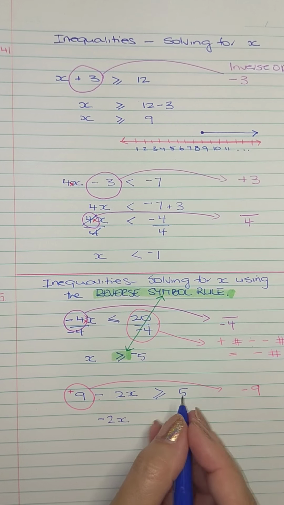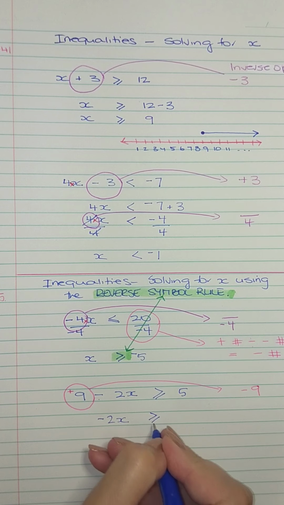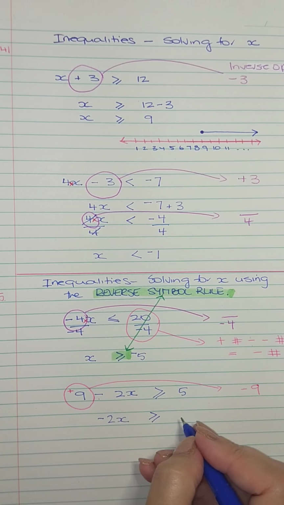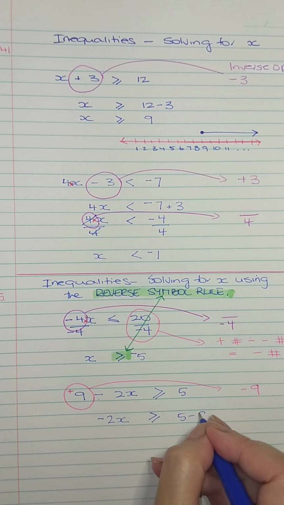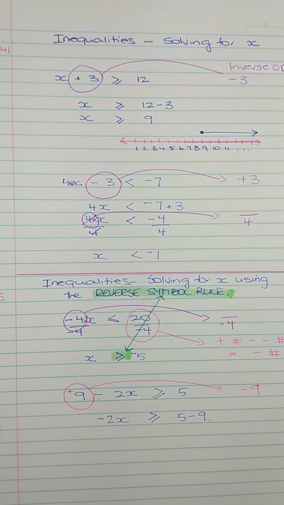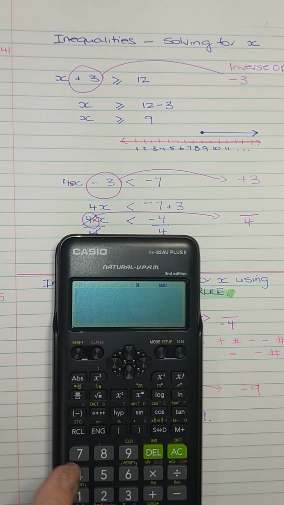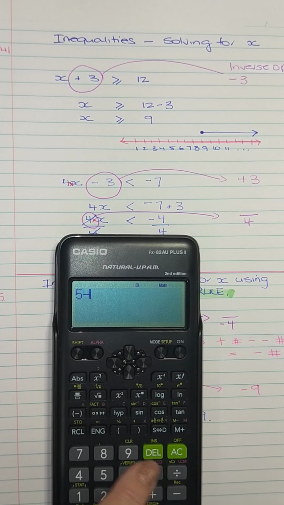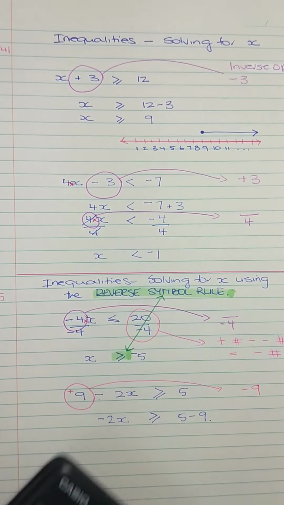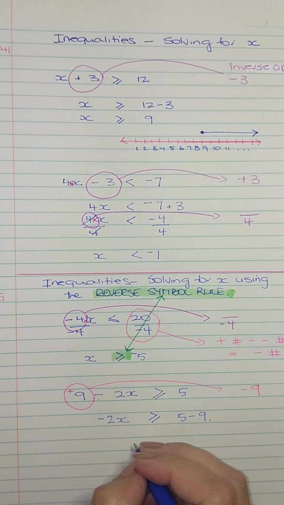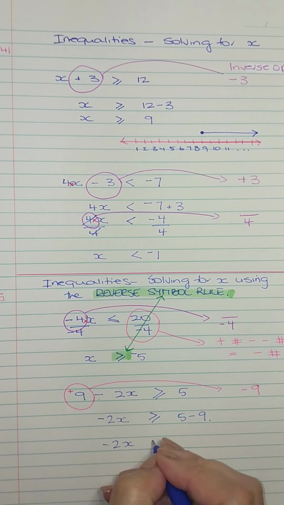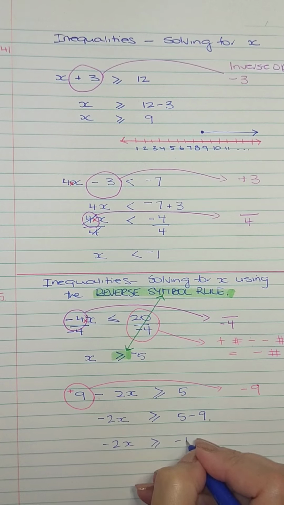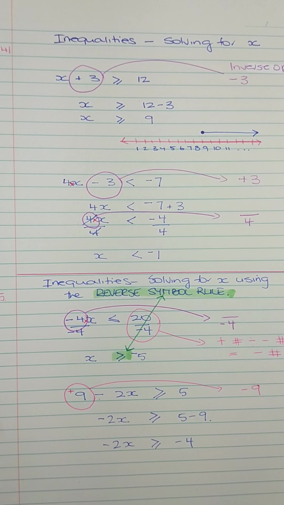So negative 2x is greater than or equal to 5 minus 9. Again, if you get a little bit confused with negative numbers, 5 minus 9 is negative 4. So we've got negative 2x is greater than or equal to negative 4. Okay, we're getting into familiar territory here.